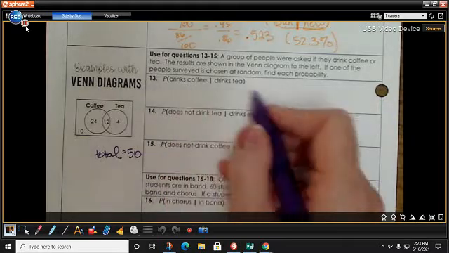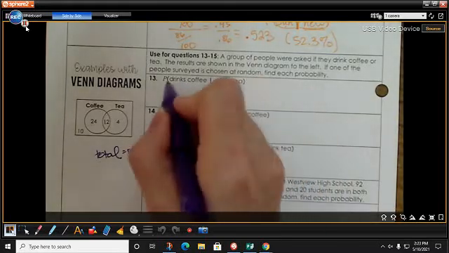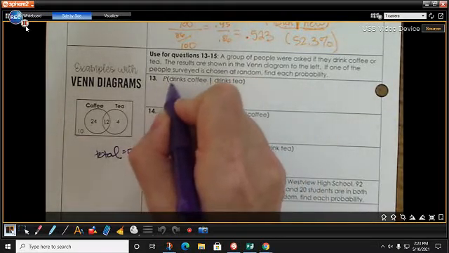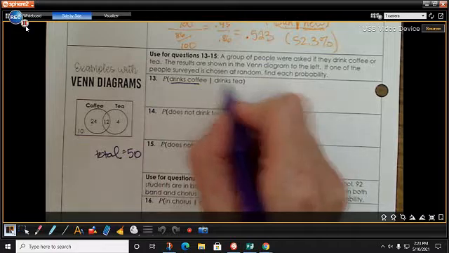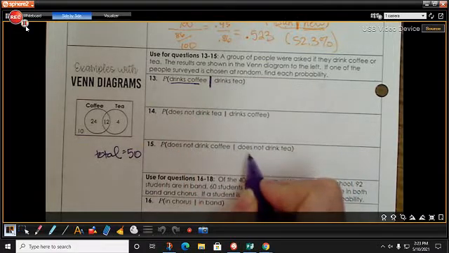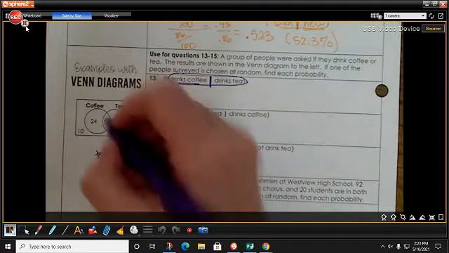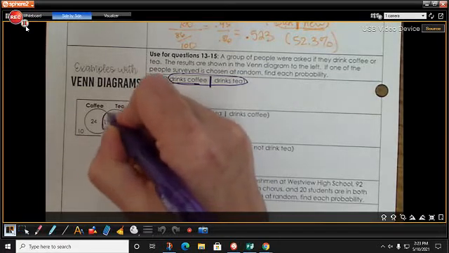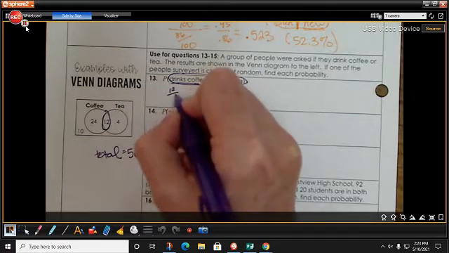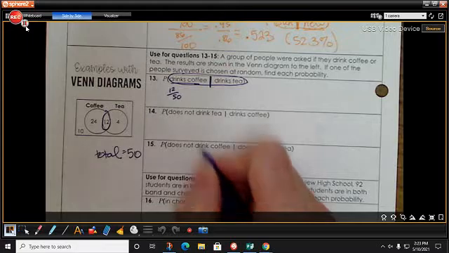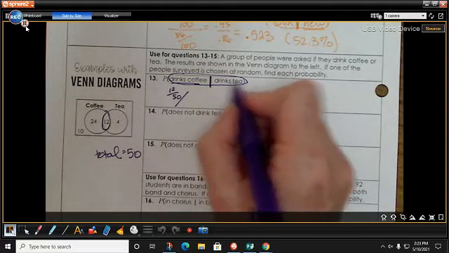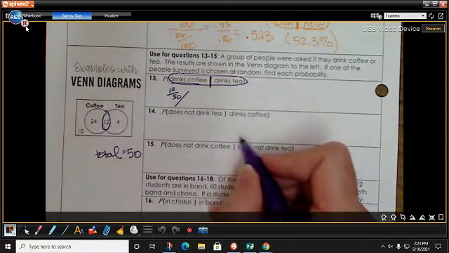Let's see the probability of different things. So the probability that someone drinks coffee given that you know they drink tea. So you go, okay, well, what is the probability that they do both? That's going to be here in this intersection. And so it's going to be 12 out of 50, out of the total probability that they will drink tea.